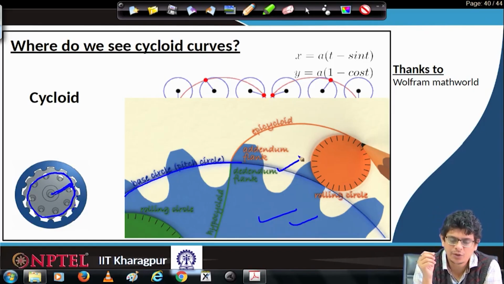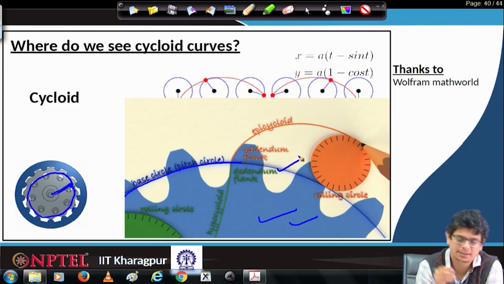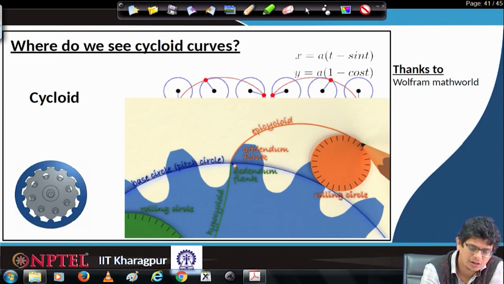Above the base circle, we have these flanks. These are called flank portions. Let us use another color. This one is one of the flanks. This is the other flank.